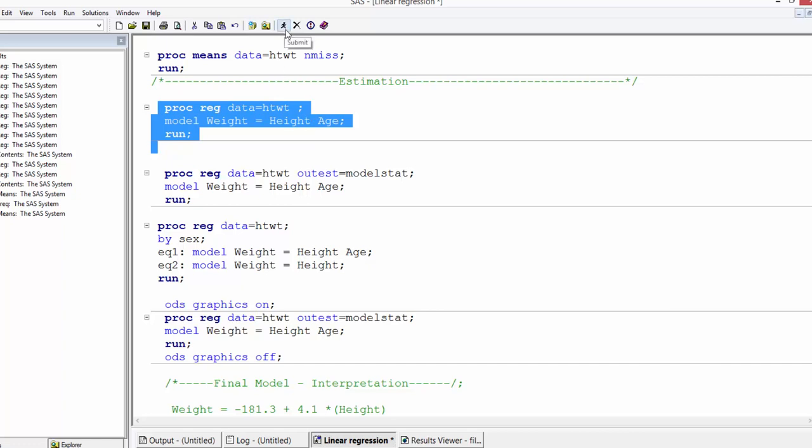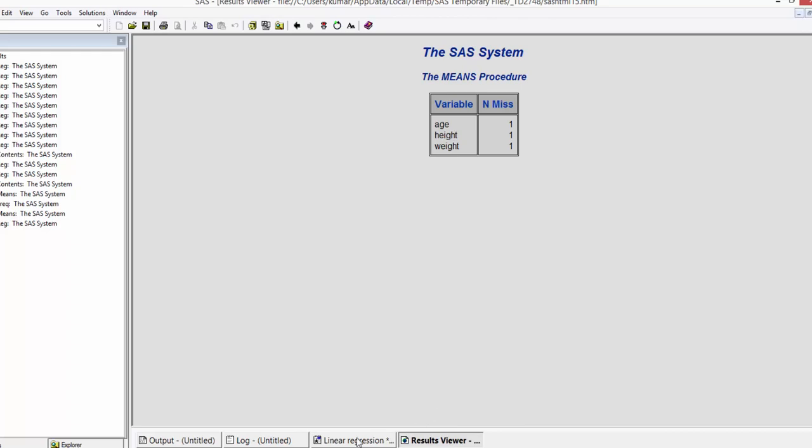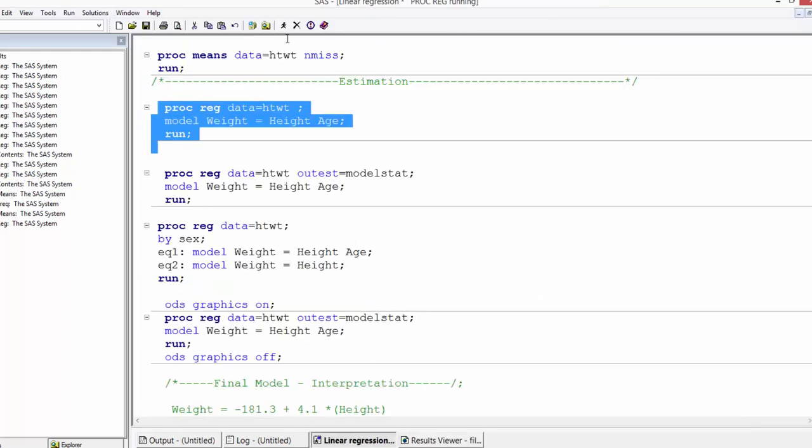Remember, we have two independent variables in this case, so we'll be getting three estimates: two slope coefficients and one intercept. Alright, so when we run this, okay, it's not run properly, so let's run it again.